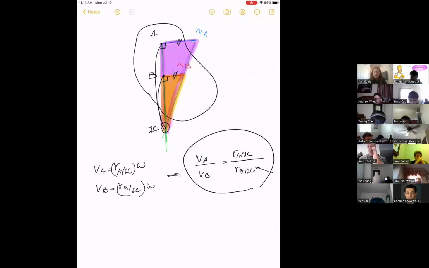And you may notice that this is the border of my rigid body, right? My rigid body is here. But IC is outside the rigid body. Is it possible?